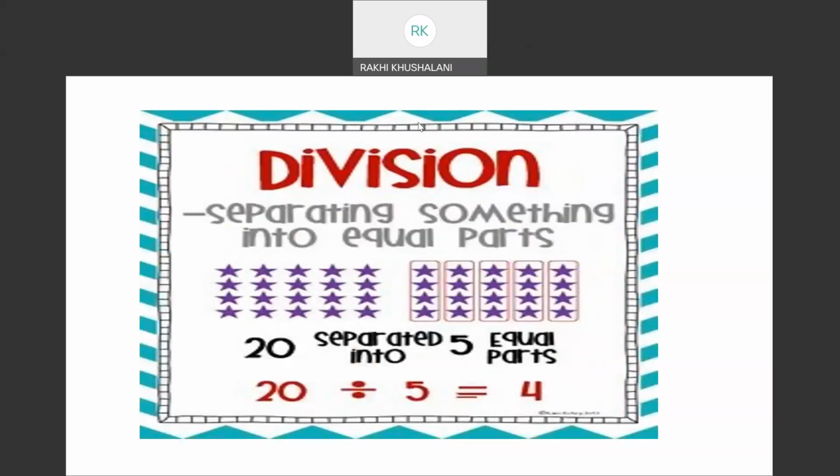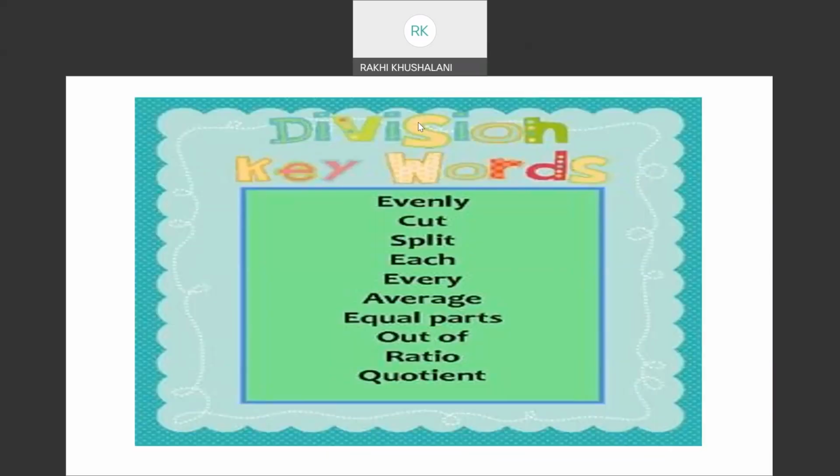Let's look here. Division, separating something into equal parts, like there are 5 groups with 4 stars in each group. So there are 20 stars and I divided into 5 groups, and in each group I got 4 stars. I will not wait much on each slide because all this have been done and the video has been shared, so we will just brush up quickly.